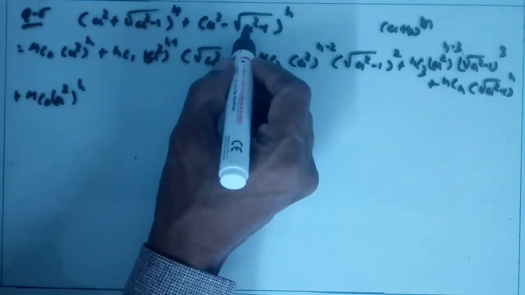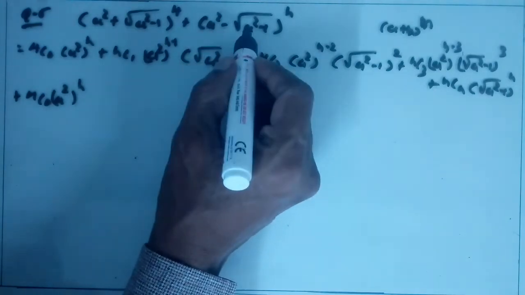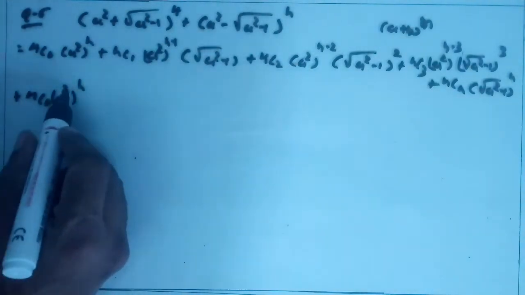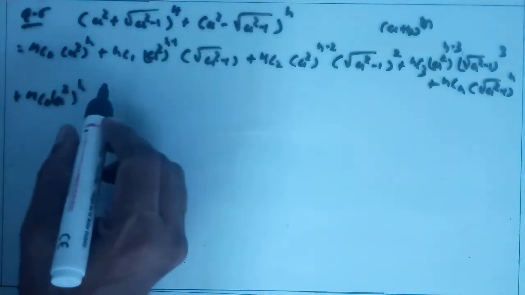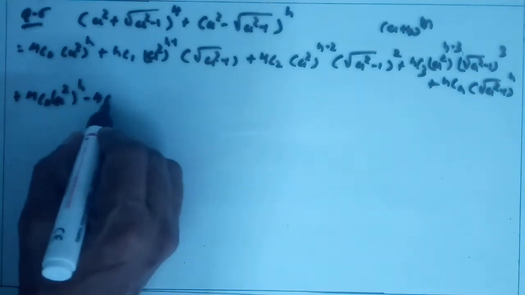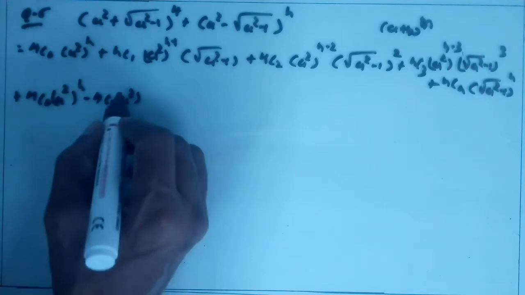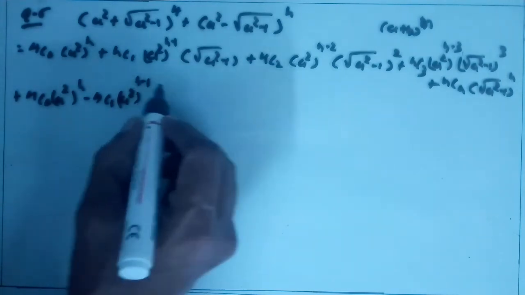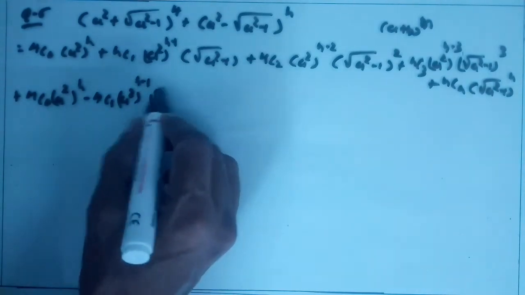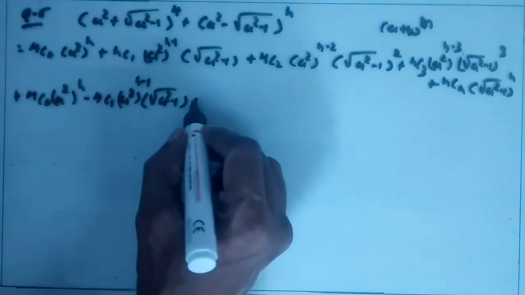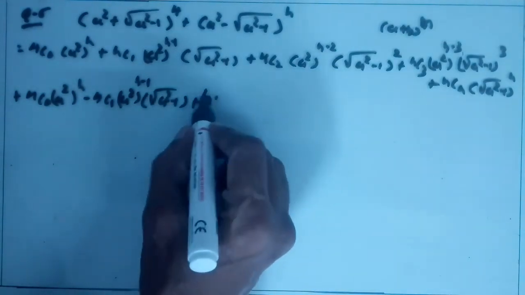So we take alternate, first term plus, second term minus: 4C0 (x²)⁴ minus 4C1 (x²)⁴⁻¹ √(x² − 1). Clear?